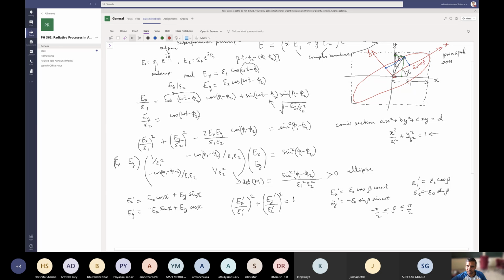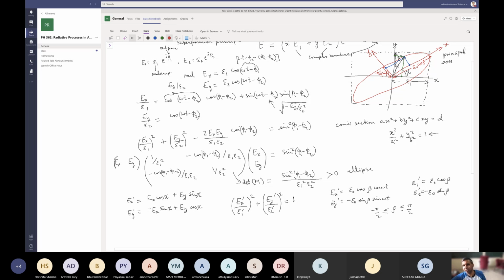The semi-major axis of this ellipse is epsilon naught cos beta. That's nothing but this, right? This is the semi-major axis, and the semi-minor axis is epsilon naught sine beta. But I have chosen a negative sign here, so I'll just put an absolute value here to make sure that it's a number.